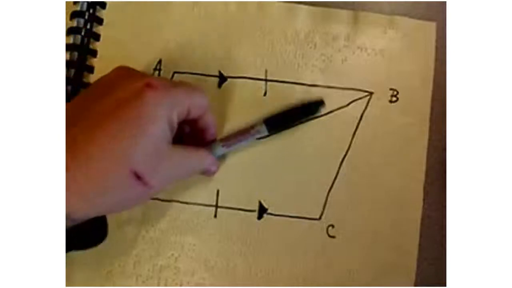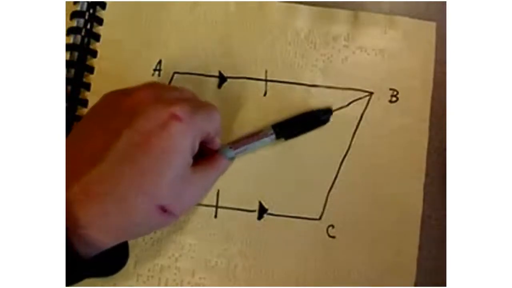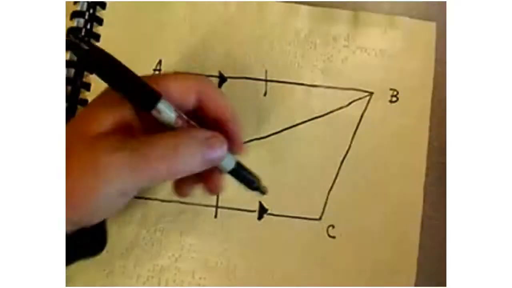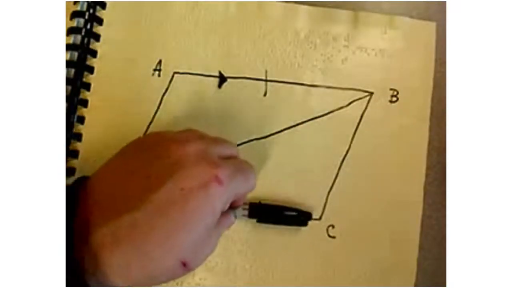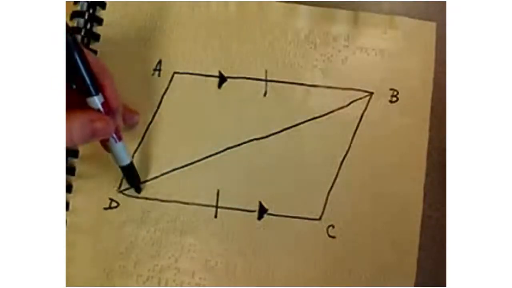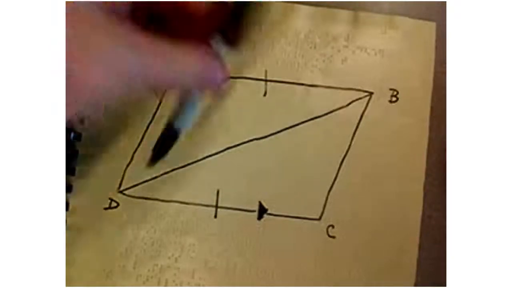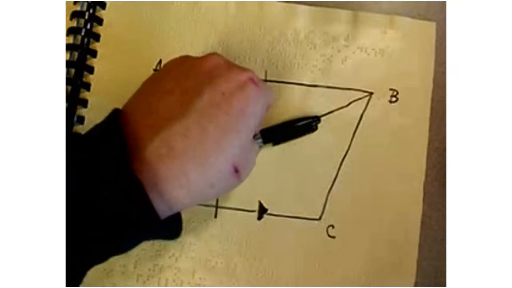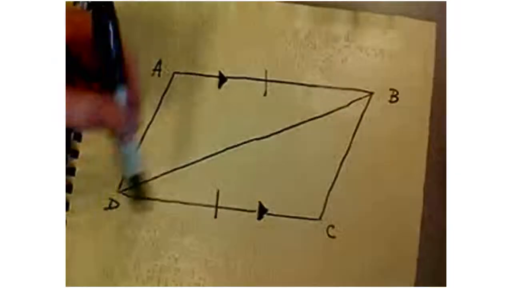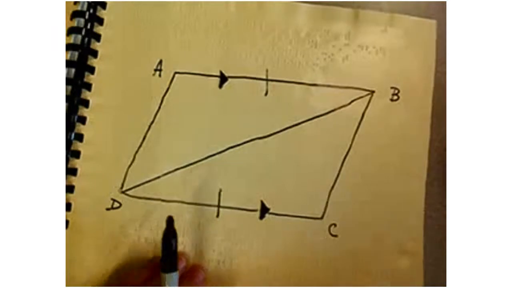And then the side, BD, the diagonal, is going to be congruent to itself, to the next triangle. The bottom triangle, we have the bottom side, CD. That's congruent to our AB. Our angle, CDB, we already determined is congruent to ABD by alternate interior angles. And then our side, our diagonal BD, is congruent to itself. So we have a side angle side situation proving these two triangles are congruent.